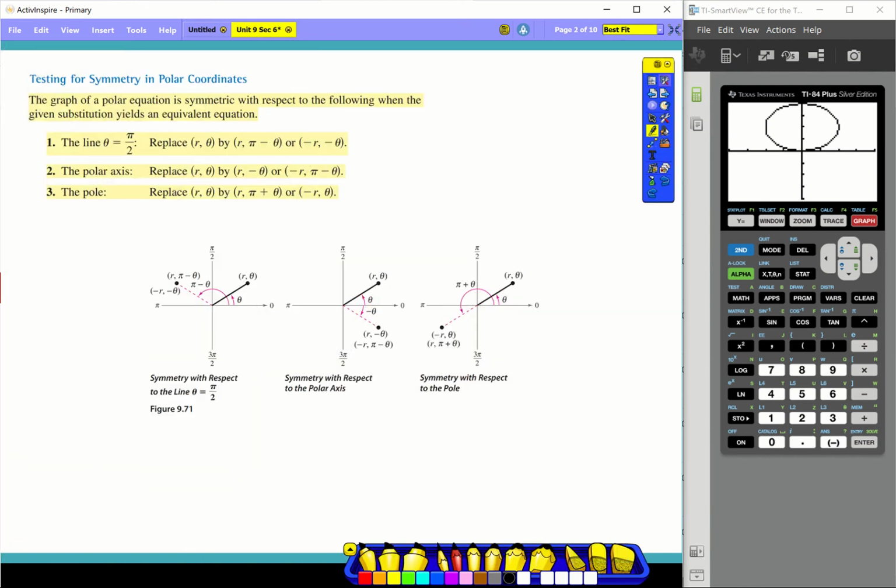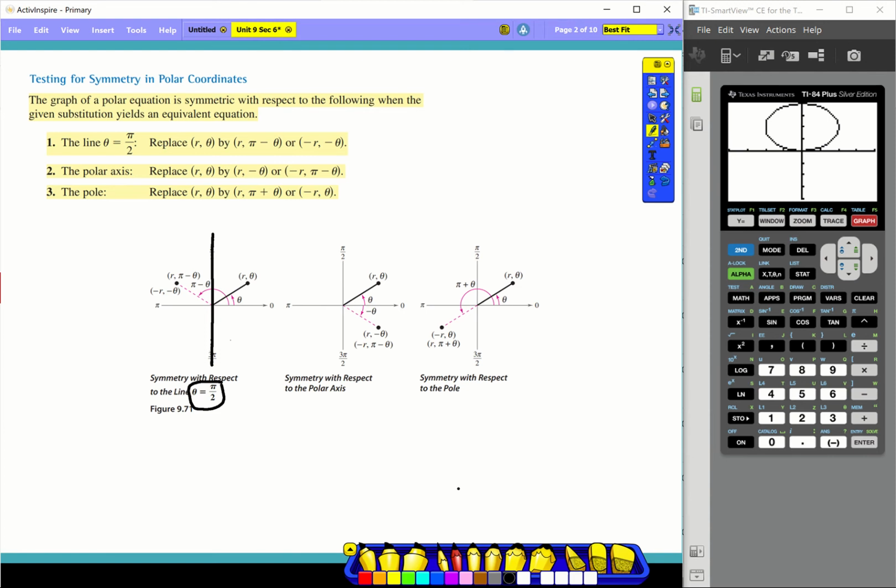Now notice another thing, since they're cyclical, they can be symmetric with respect to pi over 2, the polar axis, or the pole. So when it says respect to the line theta pi over 2, that's this guy, right down the middle. So this is symmetric.